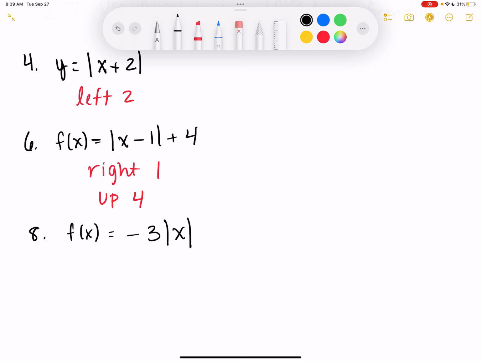It's inverted. Reflected? That word. The negative sign makes it reflected. What does the 3 outside of the absolute value do? It compresses. Other one. It stretches. It's reflected and stretched because the absolute value of the number is greater than 1.